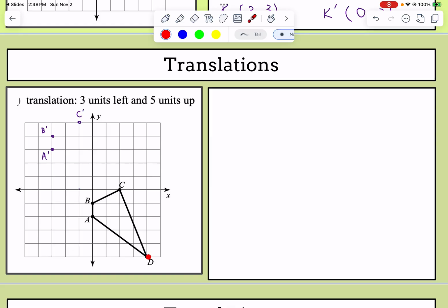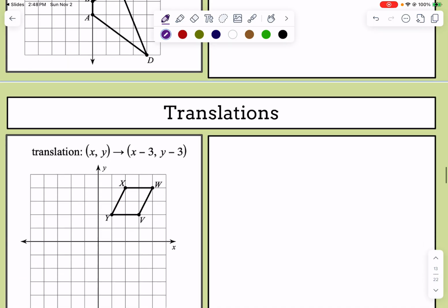And D prime 1, 2, 3, 1, 2, 3, 4, 5. This is a quadrilateral. So check your answer to mine. And I'm going to move to the second problem.